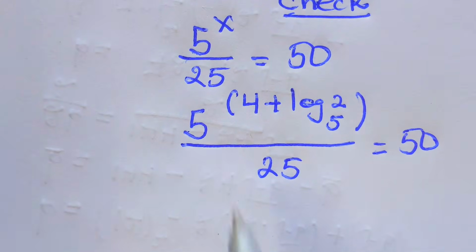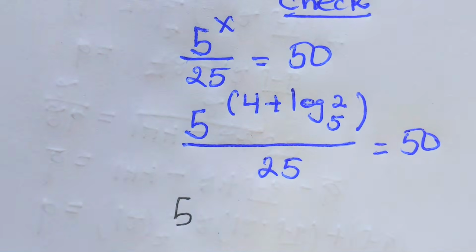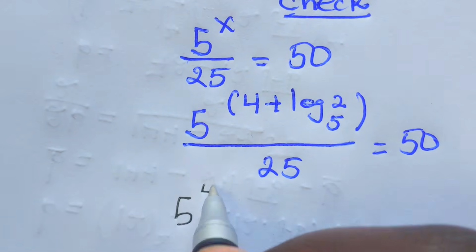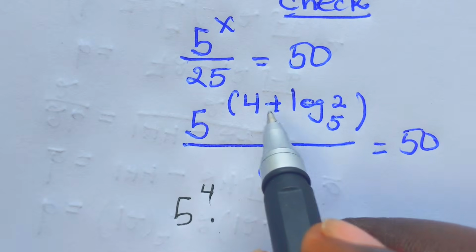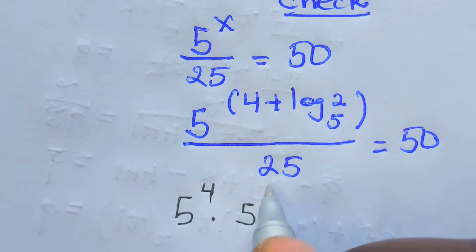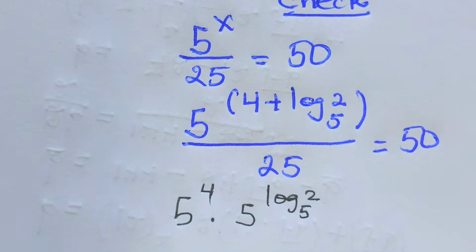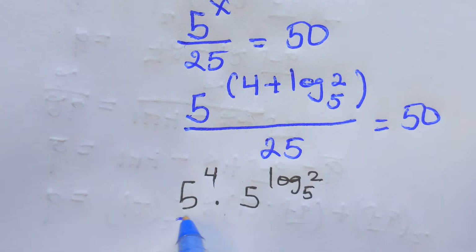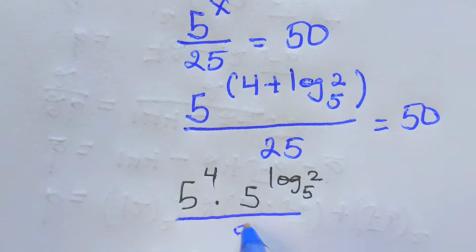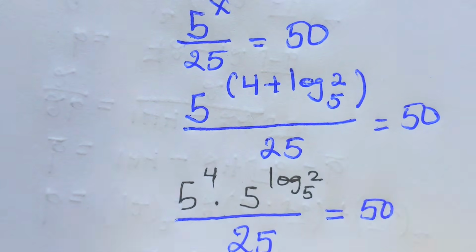And of course here, as you know, we have 5 power 4 times, meaning this plus that we have here, 5 power logarithm of 2 to the base 5, right? Then divided by 25, and this should be equals to 50.